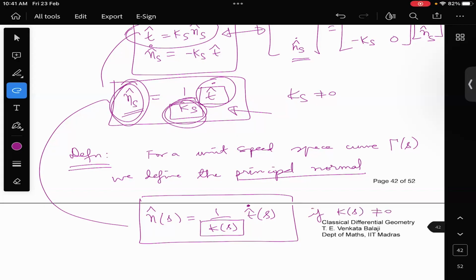So here is a very important thing: you write the principal normal only in the situation where the curvature is not 0. This is going to come up again, because you will not define the torsion unless the curvature is non-zero.